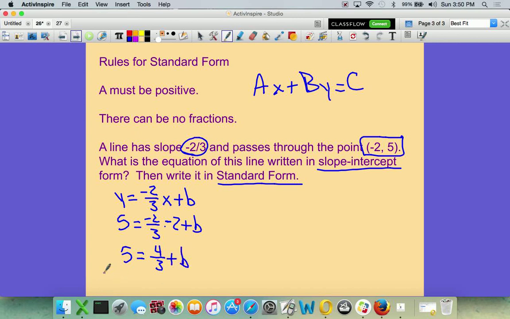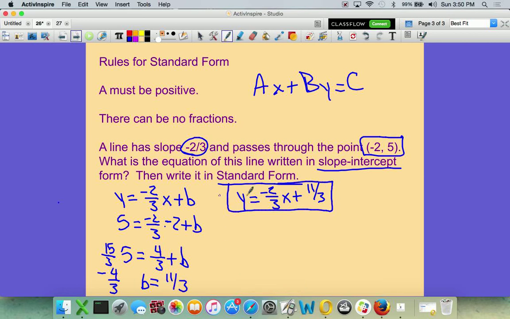We're going to have to subtract the 4/3 over. But to do that, this has got to be changed into a common denominator. So that would make this 15/3. 15/3 is the same as 5. Then we can subtract this. B equals 11/3. So our equation is y equals negative 2/3 x plus 11/3. So that's our slope-intercept form equation.